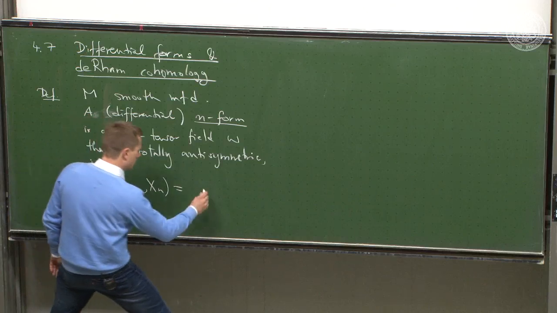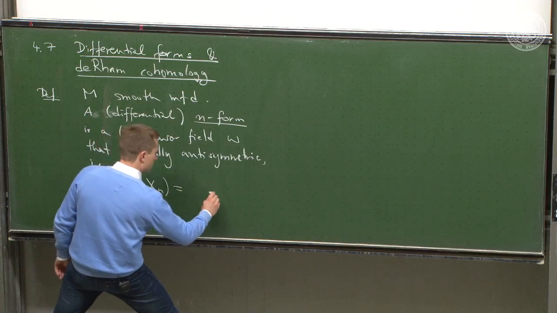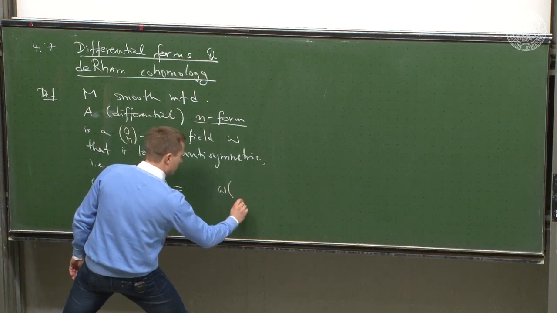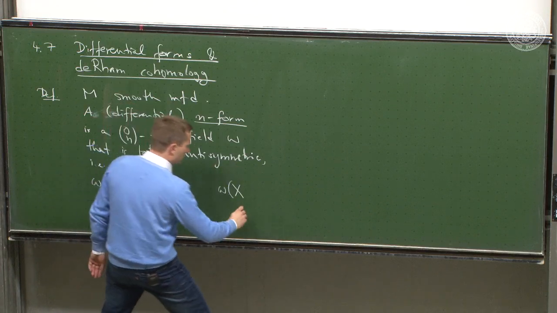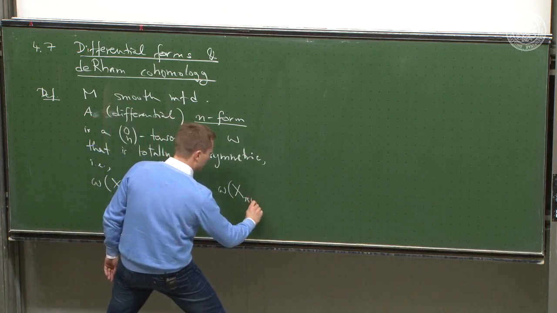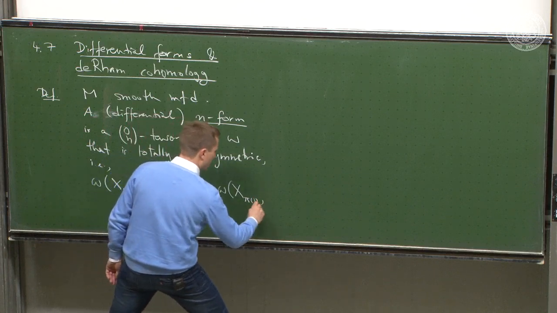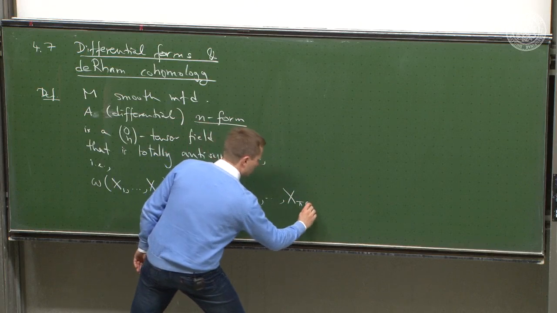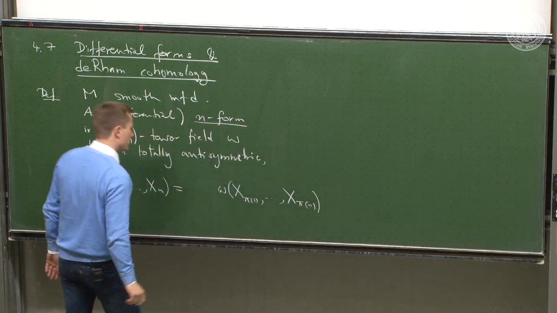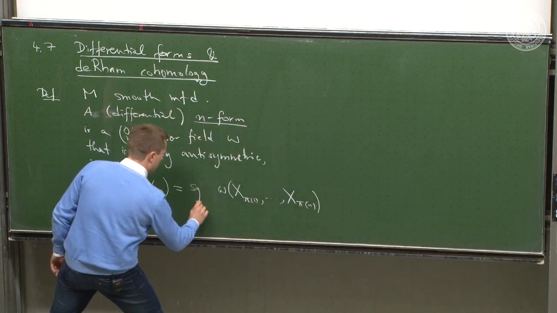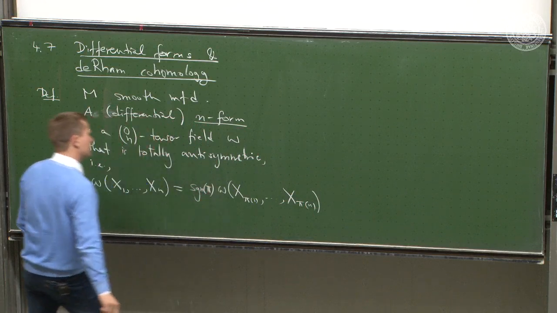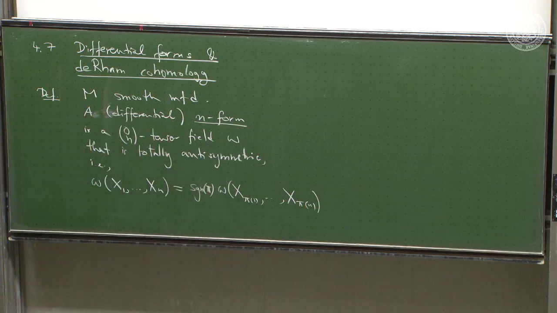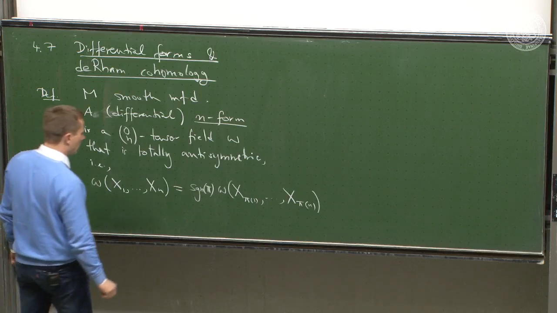More formally, if you consider omega but permute the vector fields by some permutation pi, so you look at the entries X_pi(1) to X_pi(n), then you pick up a minus sign depending on whether the signature of your permutation is even or odd.